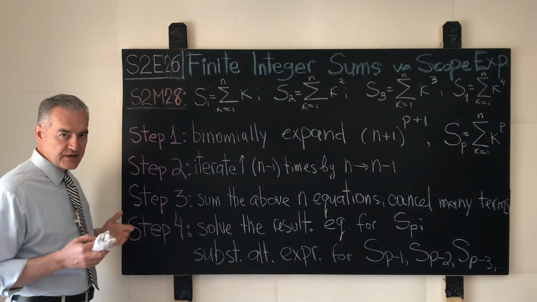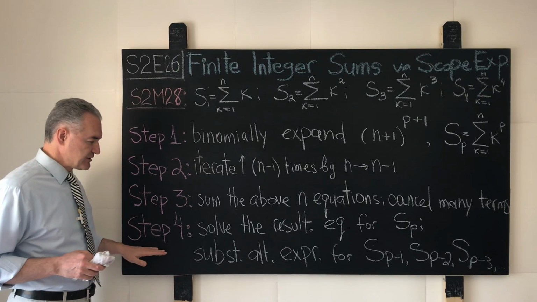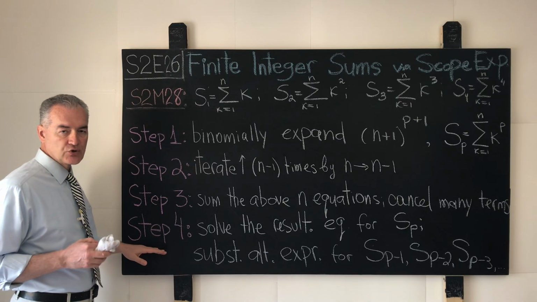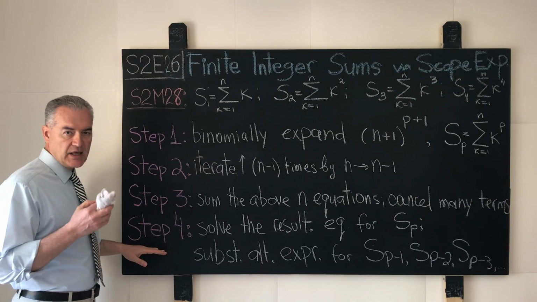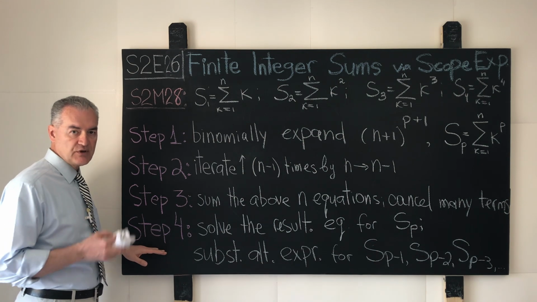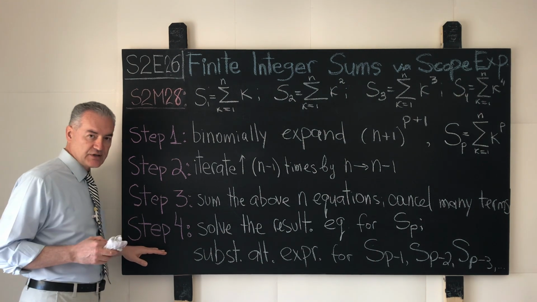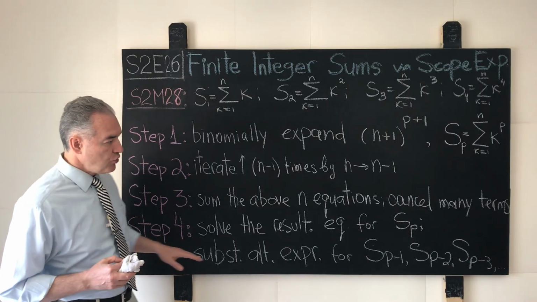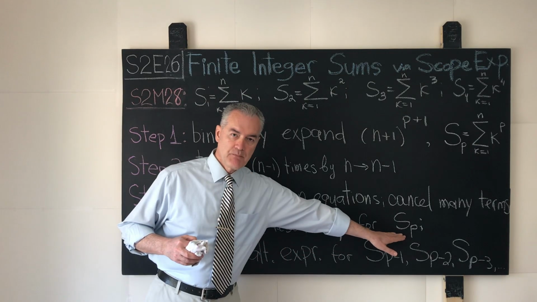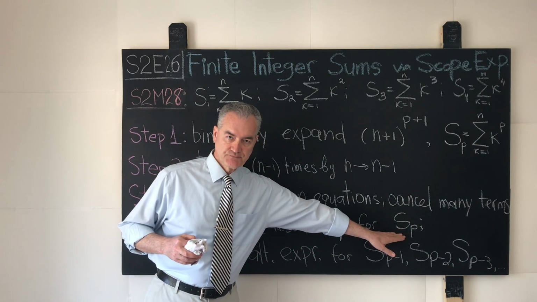Finally, after all the cancellations are carried out, in step number 4, we are to solve the whole and the sole equation that we obtain as the result of the cancellation of many terms for the sum Sp that is sought after.